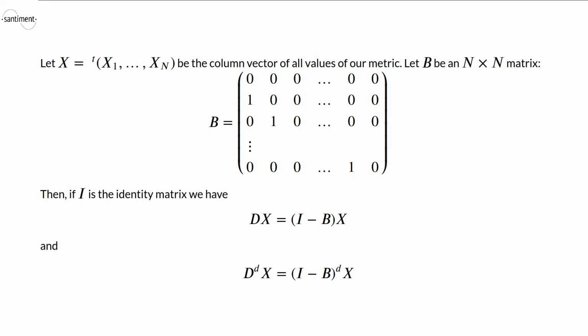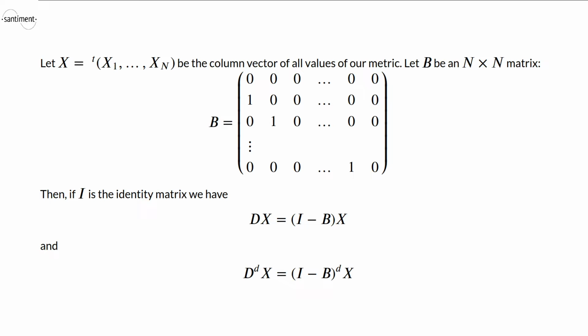Then at the second place, I'll have x2 minus the translation, which is x1. Then on third place, I have x3 minus x2, and so on. And if I want to apply this differencing operator more than once, this is the same as taking this matrix I minus B and multiplying it many times. So this was for integer values of d.